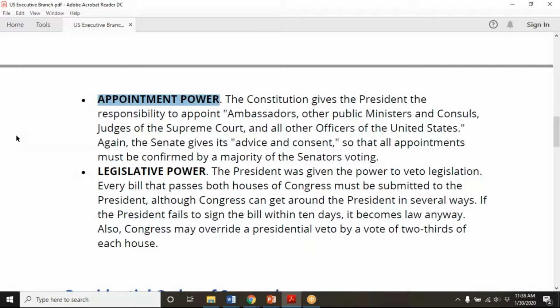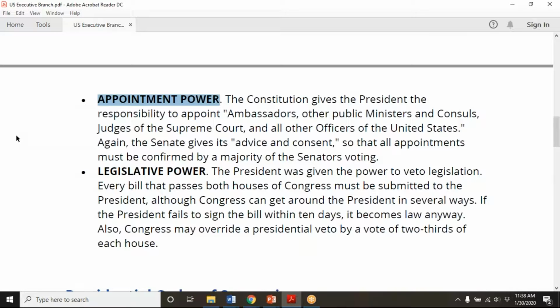So, like I just said, there are certain jobs in the government that he is supposed to fill: ambassadors to other countries, public ministers. When there's an empty seat on the Supreme Court, it's the president's job to appoint, to nominate, somebody. And there are literally thousands of other jobs that the president puts somebody in. But it's the Senate's job to approve of those people.